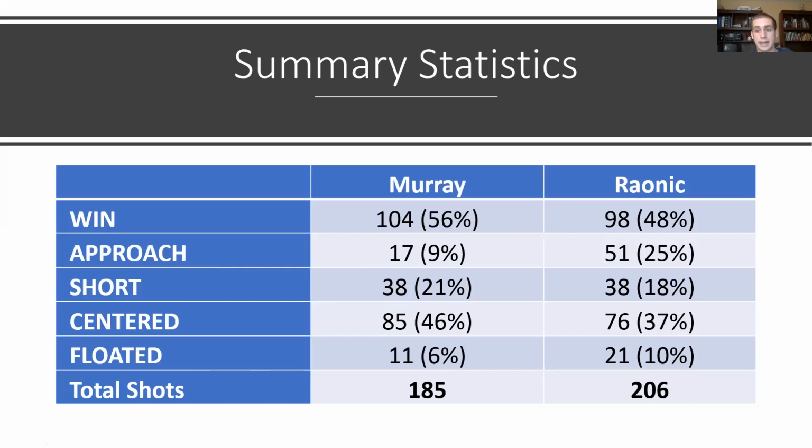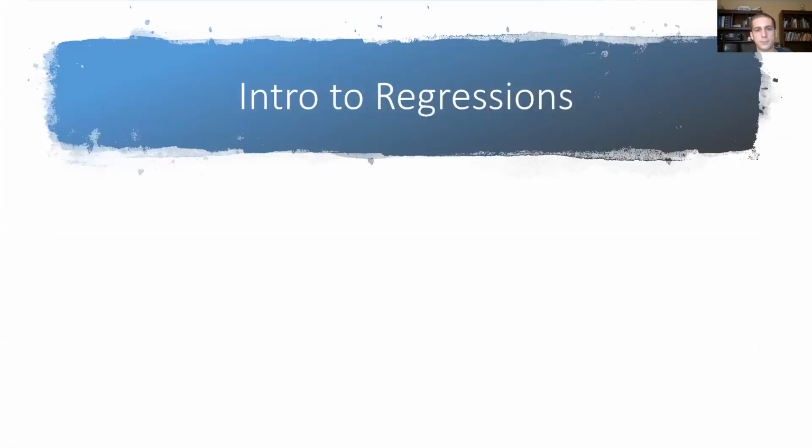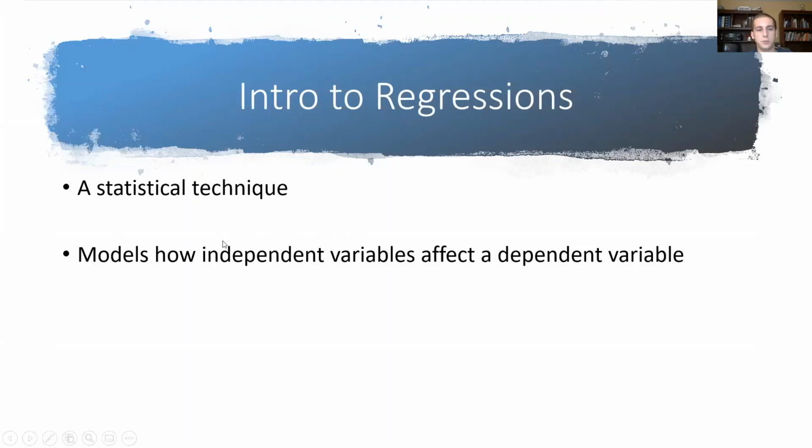So I'm going to take this data now, and I'm going to do the statistical analysis on it. The type of statistical analysis that I'm going to do to answer the main question of whether approaching the net is better than staying back, that is the main question, that's what we keep coming back to, is a statistical technique called regression. The purpose of regression is to model how independent variables affect dependent variables.